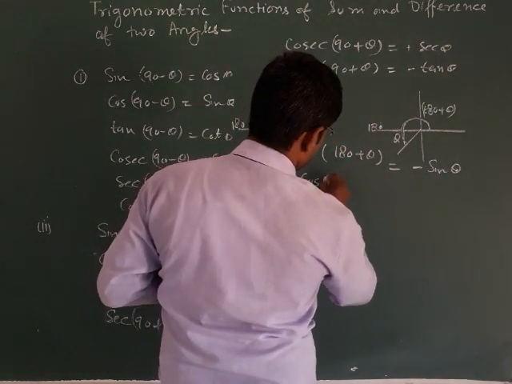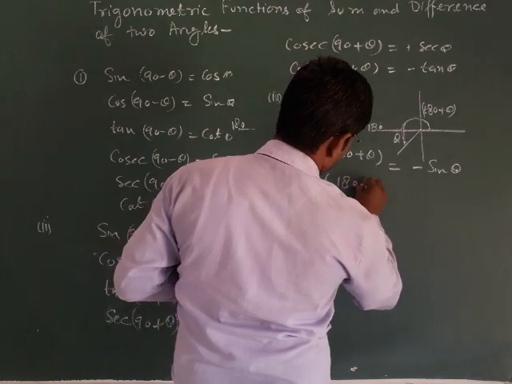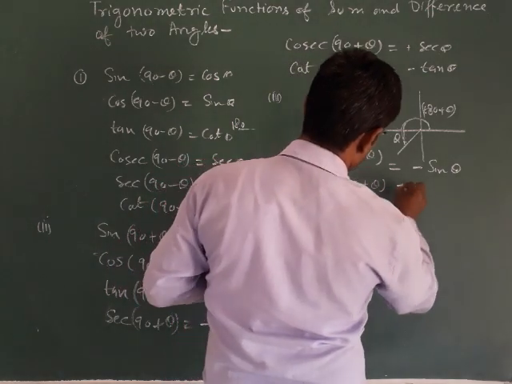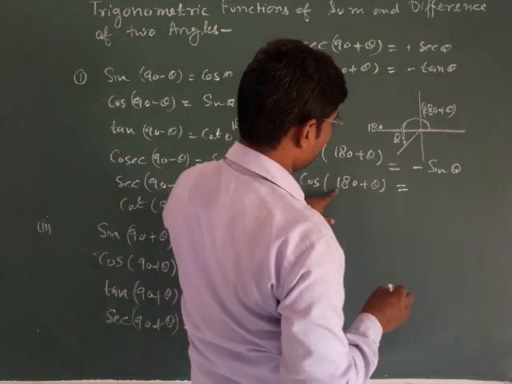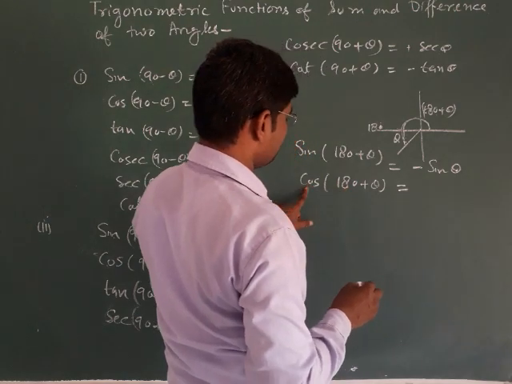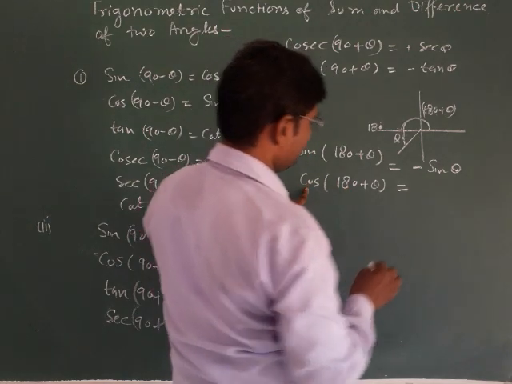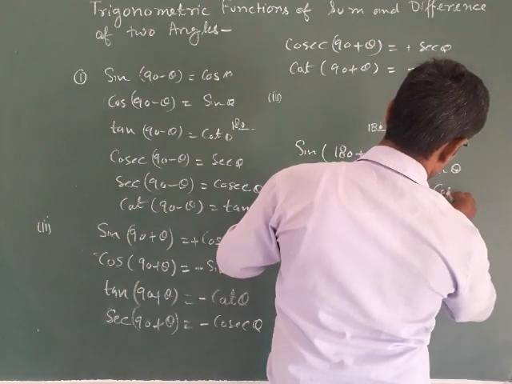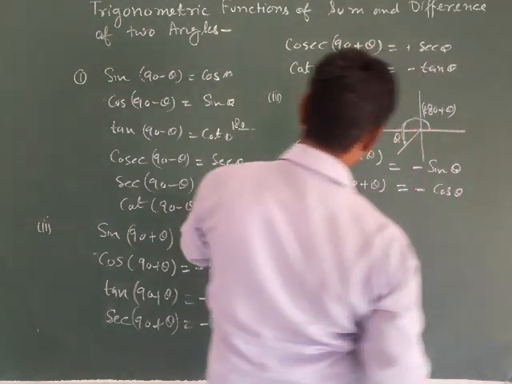Cos of 180 plus theta is equal to cos theta, since at 180 there is no change of ratio, and this is a negative value.